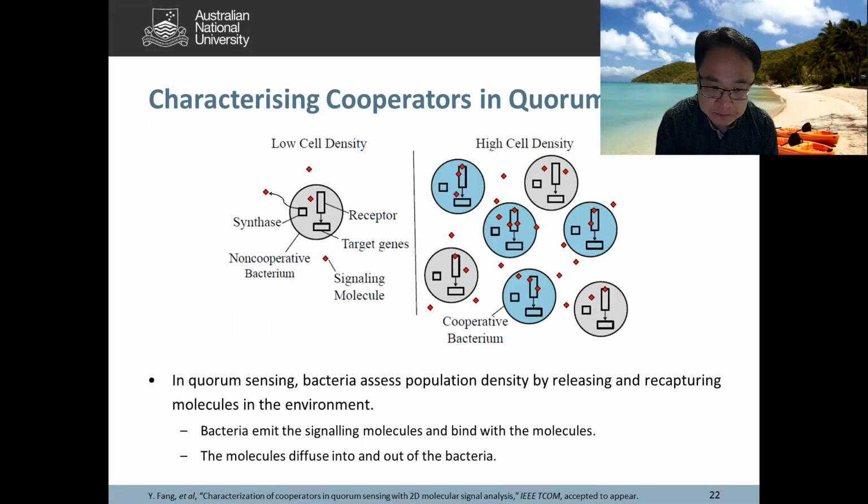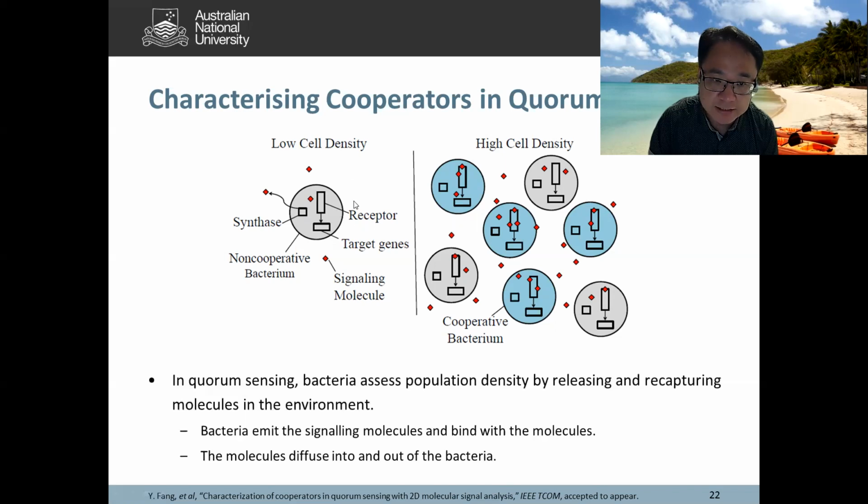Quorum sensing is a natural phenomenon in which bacteria assess population density by releasing and recapturing molecules in the environment. In this figure, we give an example of a low cell density and a high cell density. On the right-hand side, we show a low cell density.